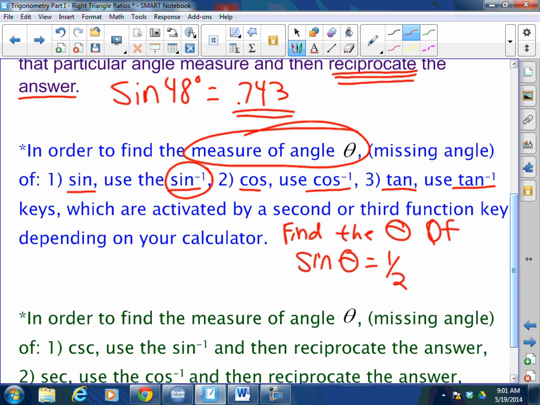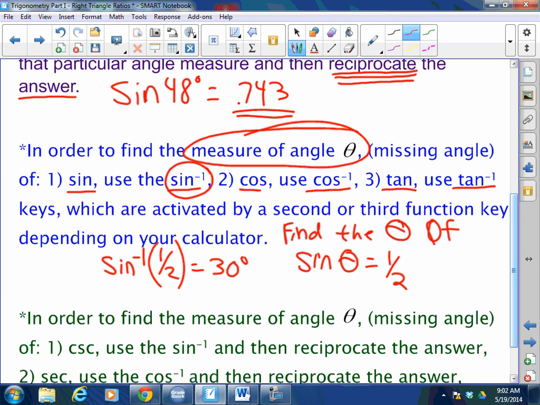In your calculator, go ahead and hit second or third function key. So you have the sine of inverse -1 and put the value 1/2. You should get an answer that says 30 degrees. Does that make sense?